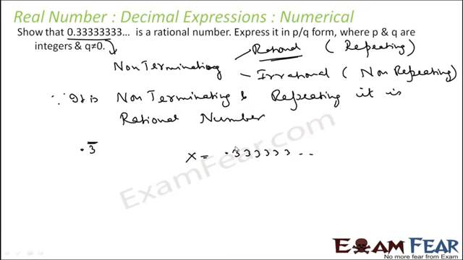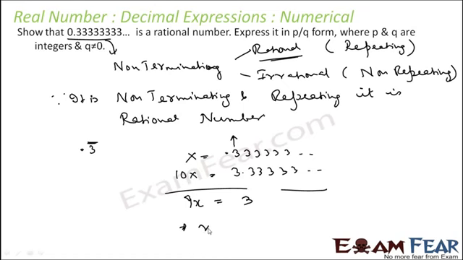Let's multiply with 10 because only one digit, 3, is repeating. So 10x will be 3.3333. If you subtract these two, 10x minus x is 9x, equal to 3.333 minus 0.333, that is 3. So x is equal to 3 by 9, and that is nothing but 1 by 3.